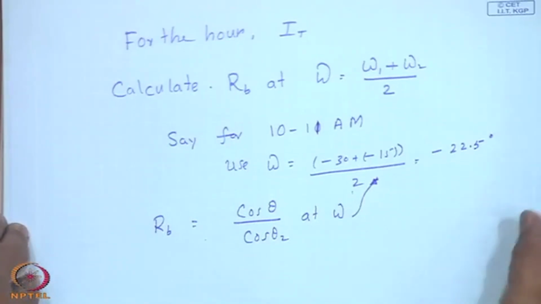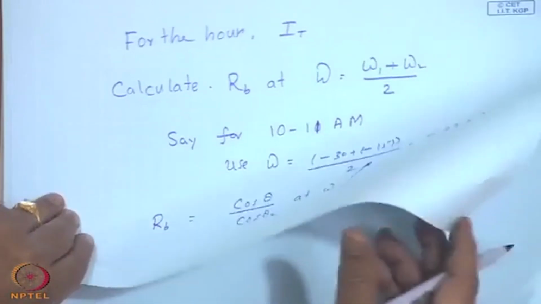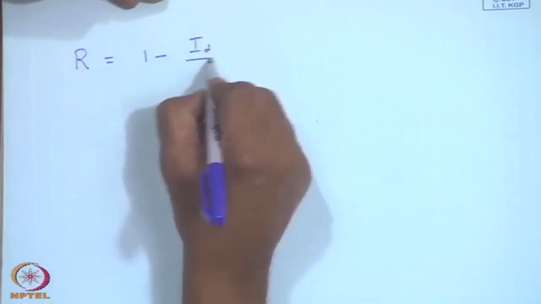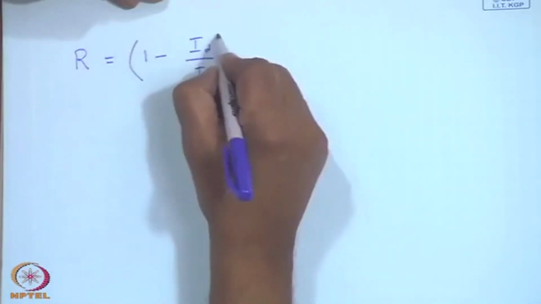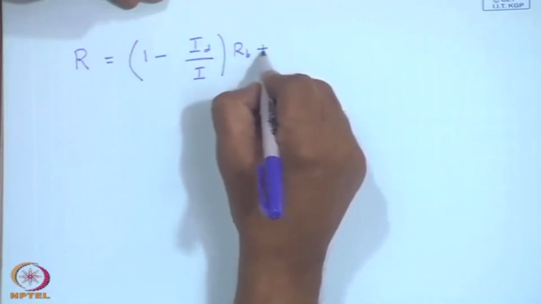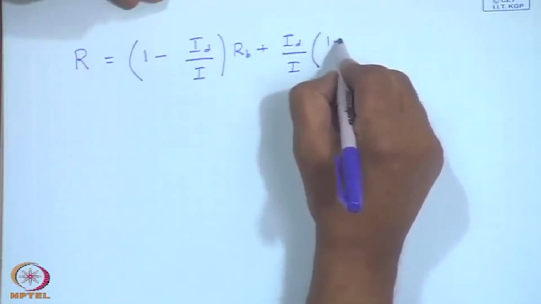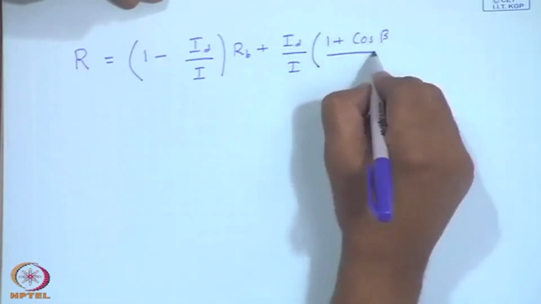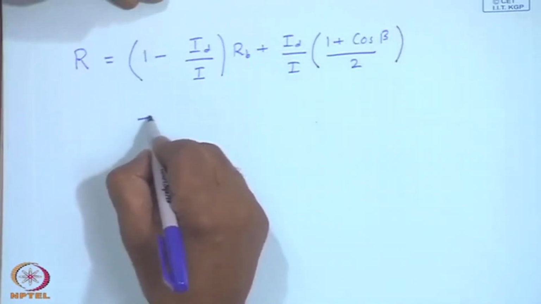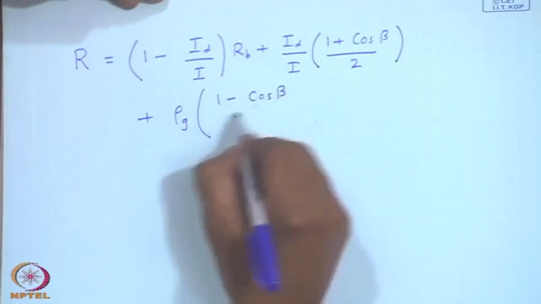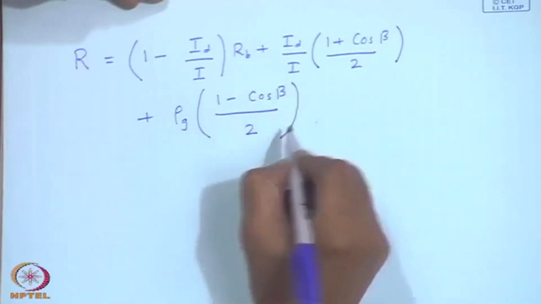All right. So, if I straight away extend the result that we have written for the instantaneous values, my factor R will be 1 minus I d by I times R b plus I d by I times (1 plus cos beta by 2) plus rho g times (1 minus cos beta by 2).